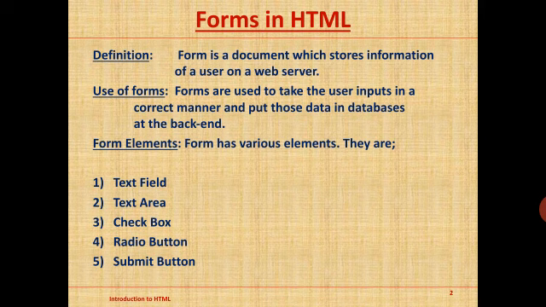They are text field, checkbox, radio buttons, submit buttons, text area, etc. Forms are used to take the user input in a correct manner and put those data in a database at the back end.